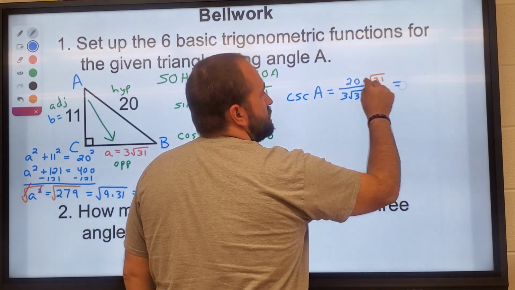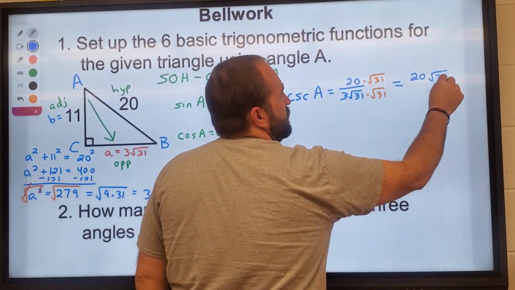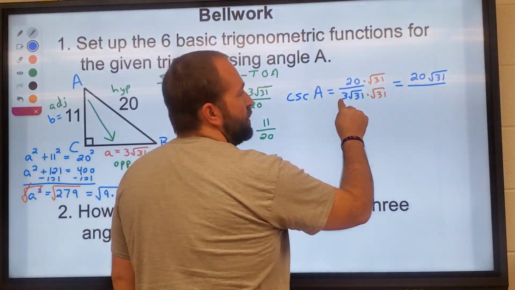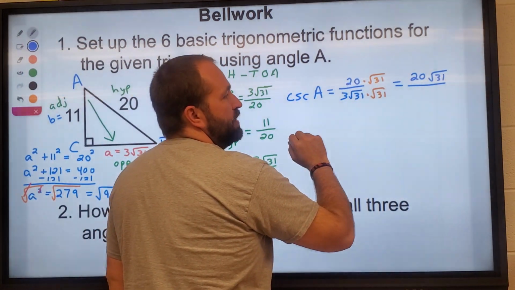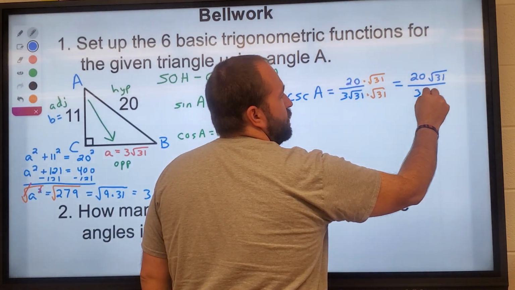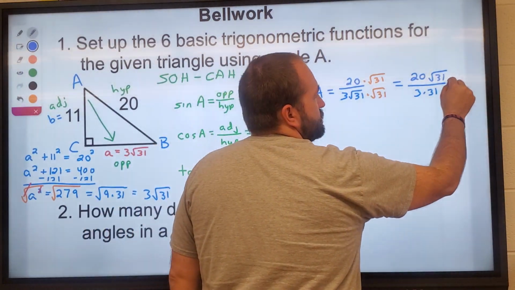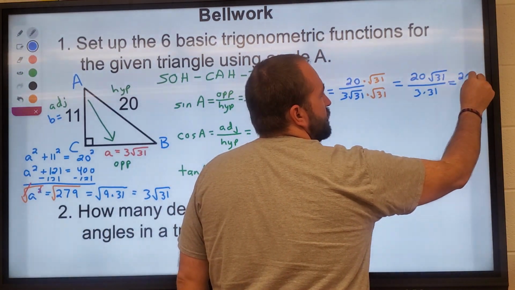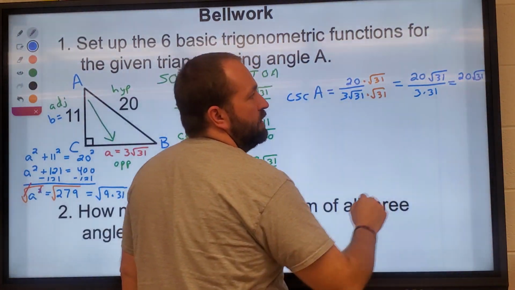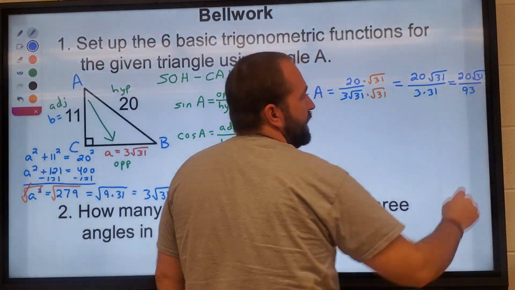And that's going to give me 20 square root of 31 divided by, this is going to be 3 times 31, which will be 20 square root of 31 divided by 93.